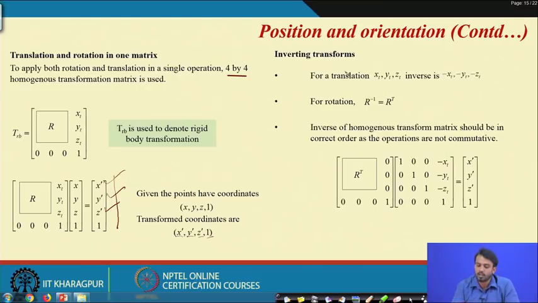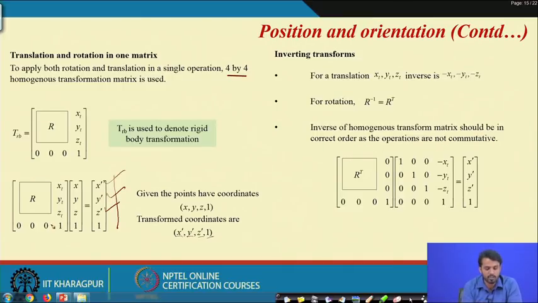If you are considering the inversion of the transformation, for XT, YT and ZT the inverse will be simpler: minus XT, minus YT and minus ZT. But for the rotation, R inverse is equal to R transpose. The inverse of the homogeneous transform matrix should be in the correct order as the operations are not commutative.